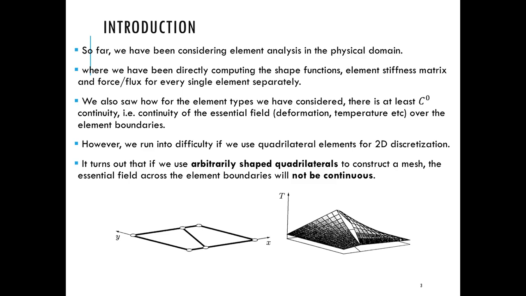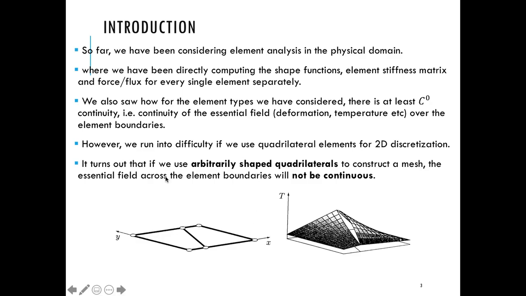That is, the essential variable is not continuous over the element boundary if we directly use these arbitrary physical elements. To overcome this problem, we introduced our isoparametric concept.